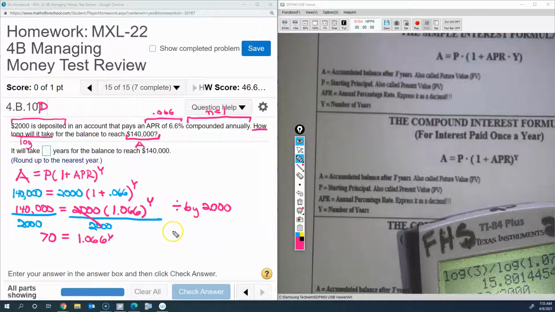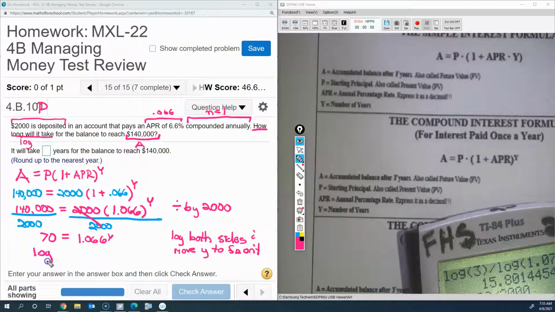Okay, next step, log both sides. So I'm going to do the log, and I'm going to move y at the same time.